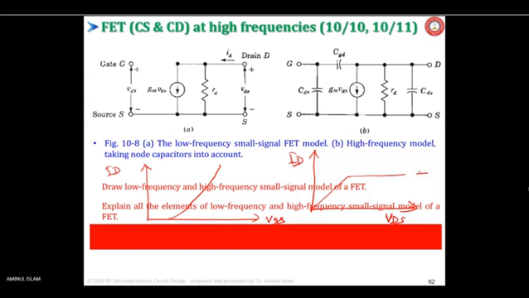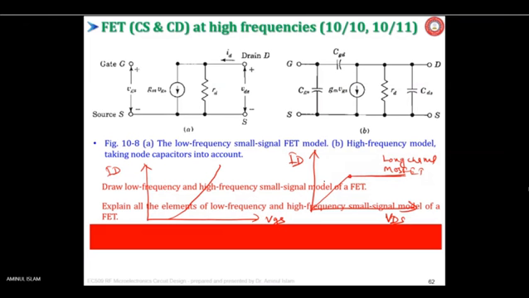Ideally, this is the ideal case, or you can say the long-channel MOSFET case. In a long-channel MOSFET, when VDS is small, ID will increase with VDS. After reaching some point, the current will be constant and will not vary with VDS.